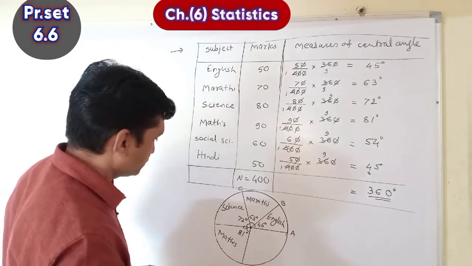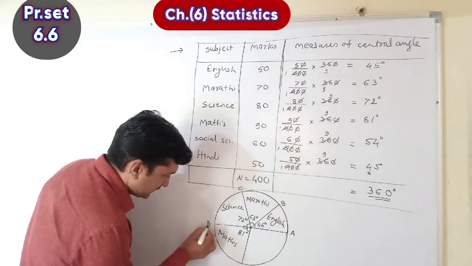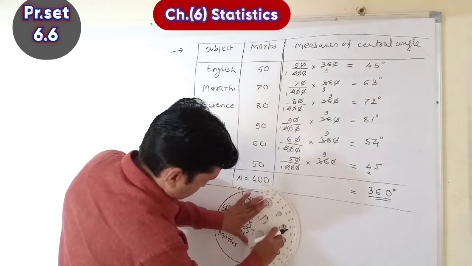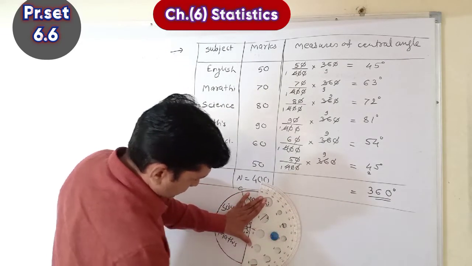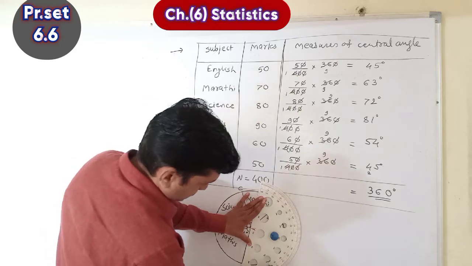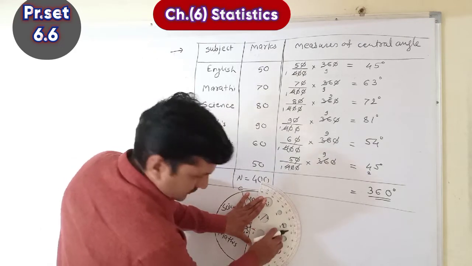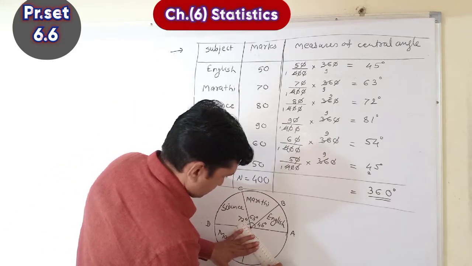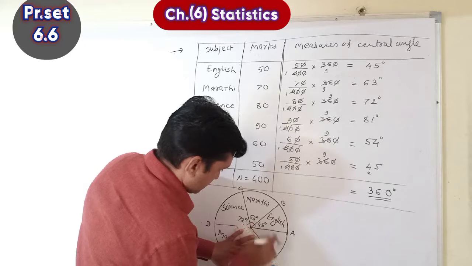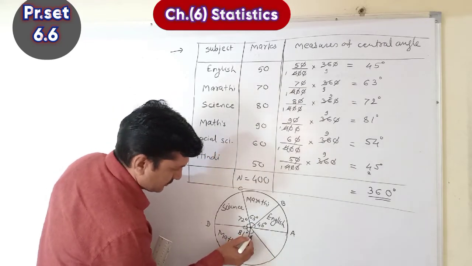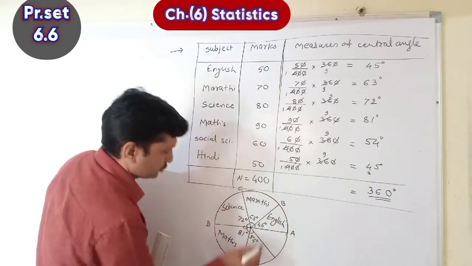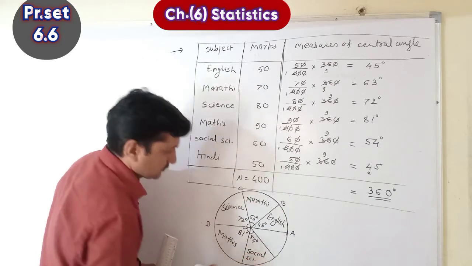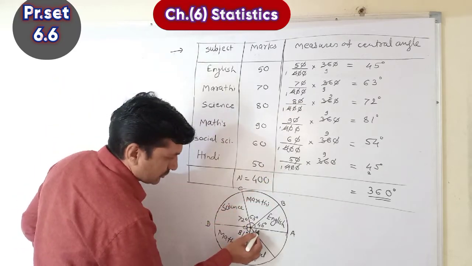Then 54. A, B, C, D here, E here. Radius, no? Now keep here on OE and 54. 50, 54 is here. 54 degree, and social science, and last remaining 45 degree.